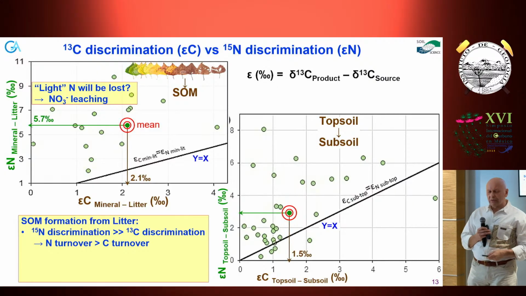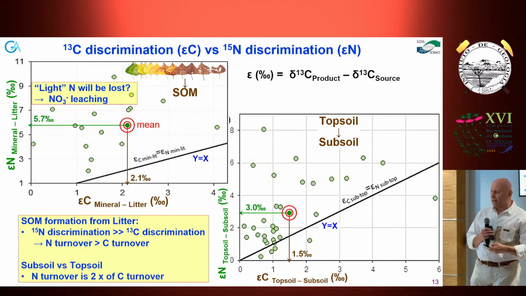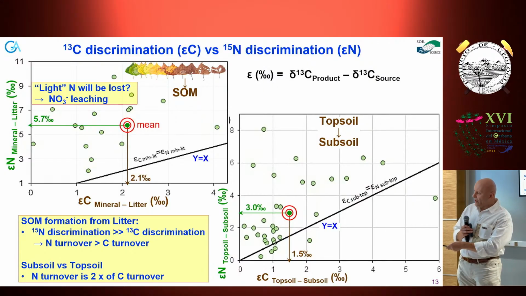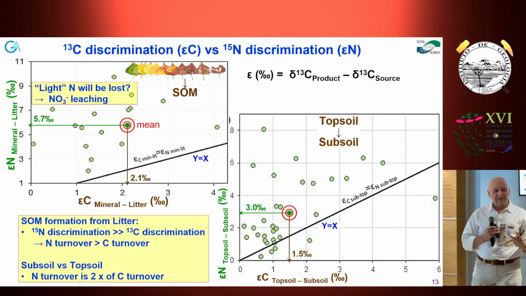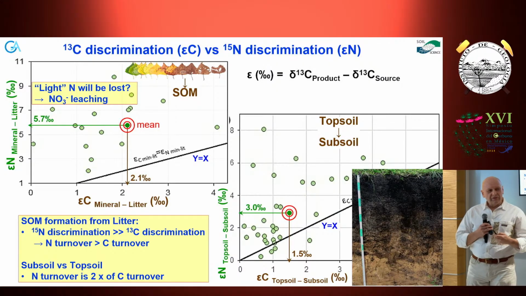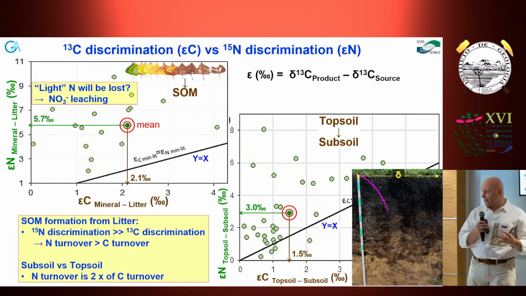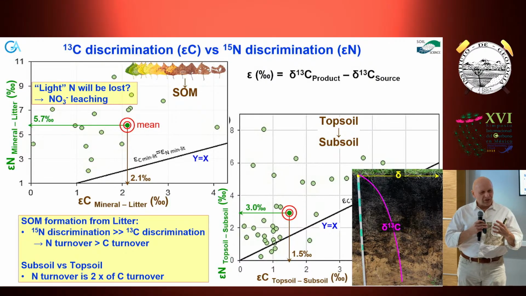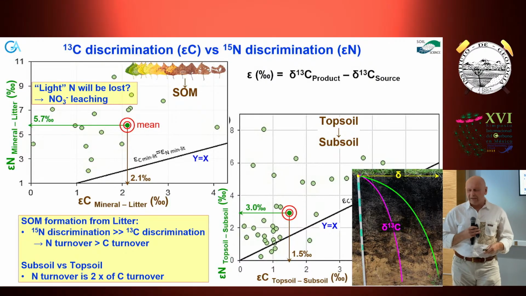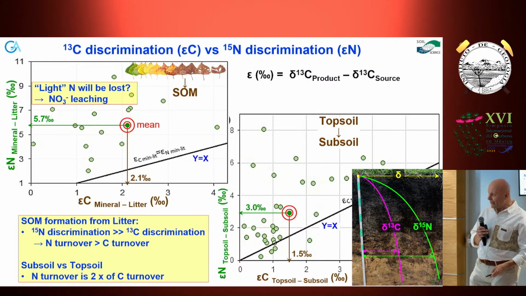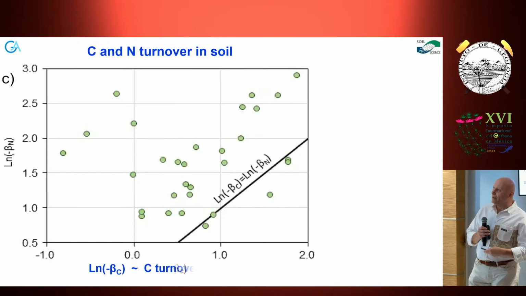This also confirms that in the soil, nitrogen turnover, if you compare this value to this value, is about 2 times faster than turnover of carbon. It means we have an interesting situation that from the same compounds, from the same soil organic matter, nitrogen will be turned over faster than the carbon. Let us look a little bit further.